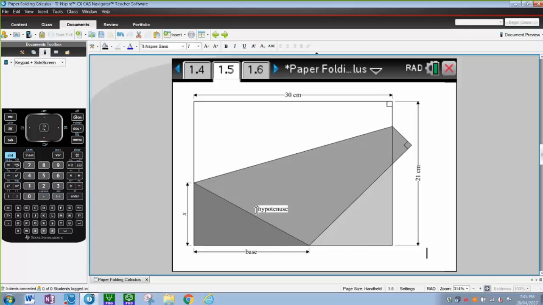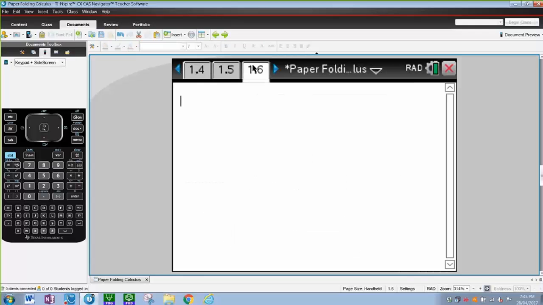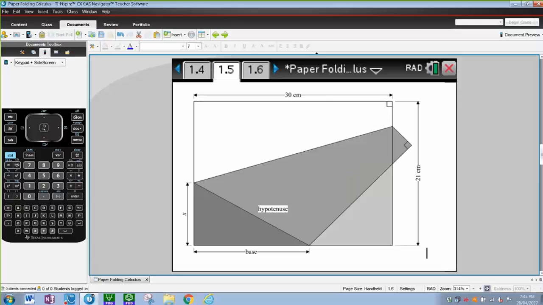Therefore, the hypotenuse and x add to 21, so we can let the hypotenuse be 21 minus x. The whole width is 21, and the hypotenuse is just going to be 21 minus x because the hypotenuse forms the remainder of the width.